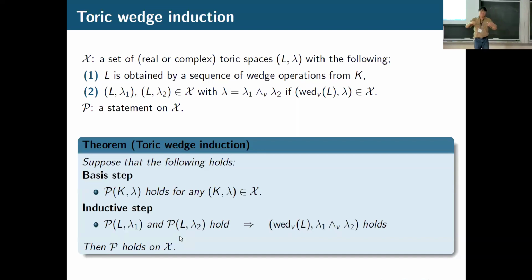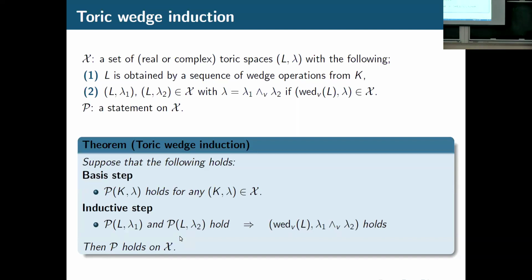And next, you check whether, if the property holds for two characteristic maps over L, it also holds for the wedge of these characteristic maps over the wedge of L. Do you understand what I mean?